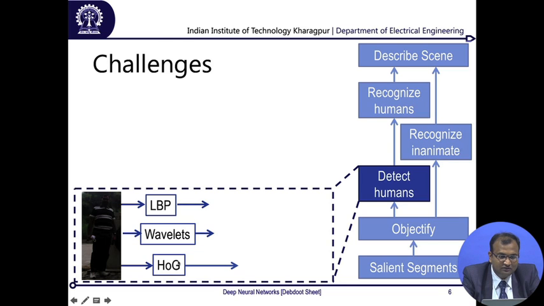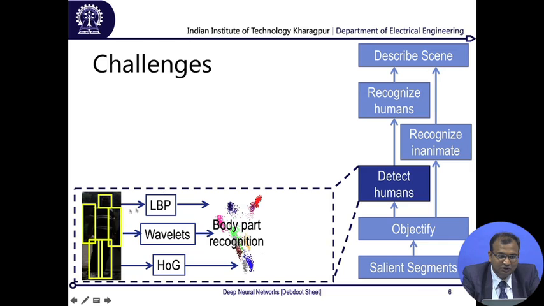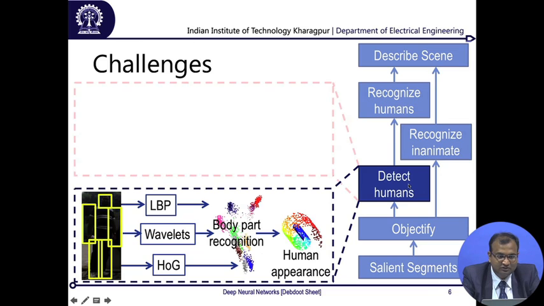Now I use all of them, I plot them onto a body part recognition manifold which is going to recognize my body parts. So there is a head, there are 2 arms and there are 2 legs. Based on that it can project onto some sort of a human appearance manifold, and from there it will recognize that this is a valid human. This is one way of detecting that there were humans present in the image.